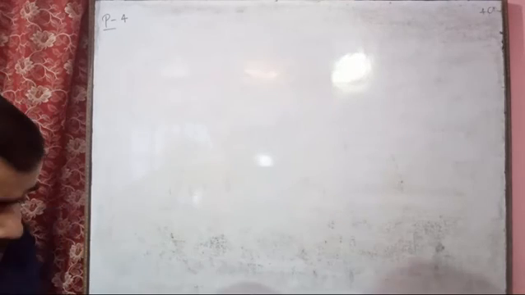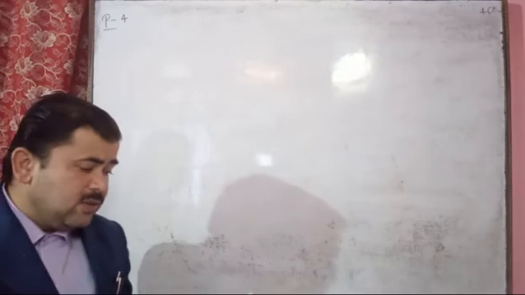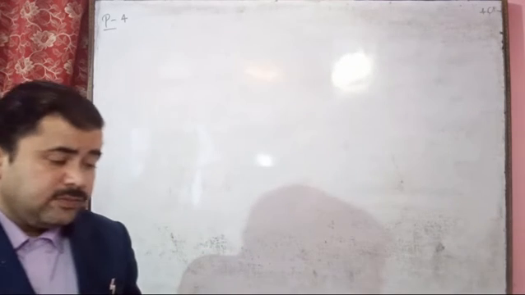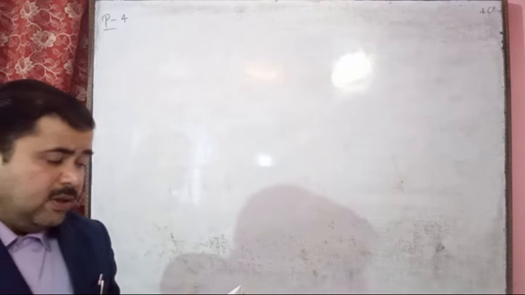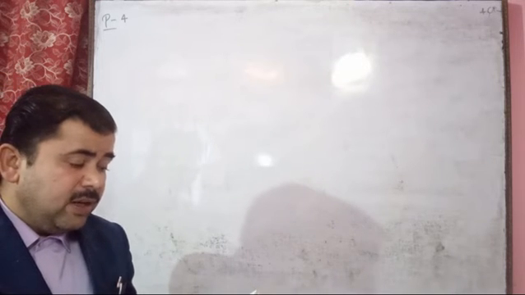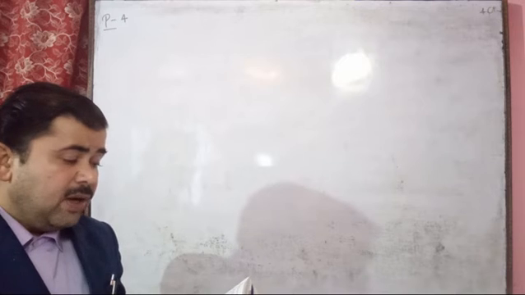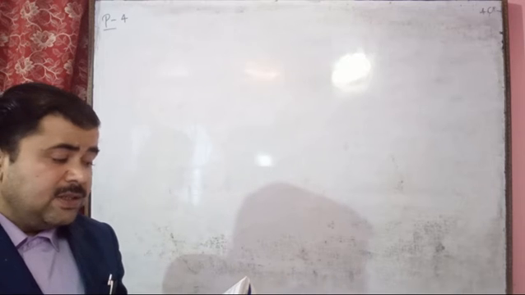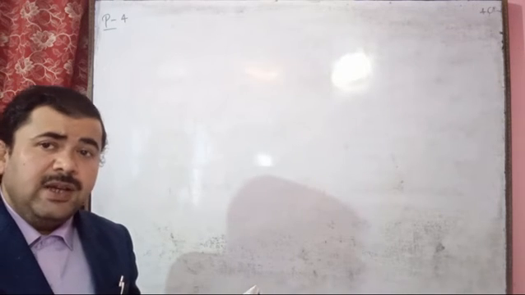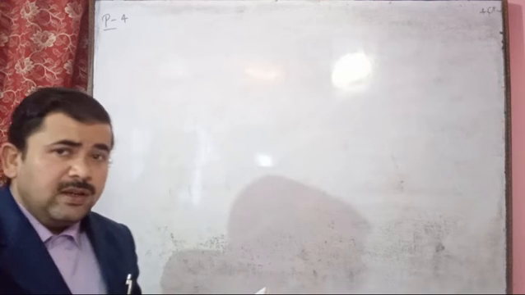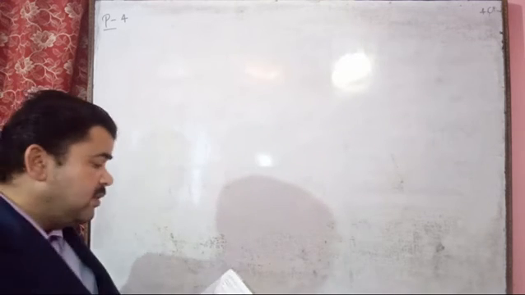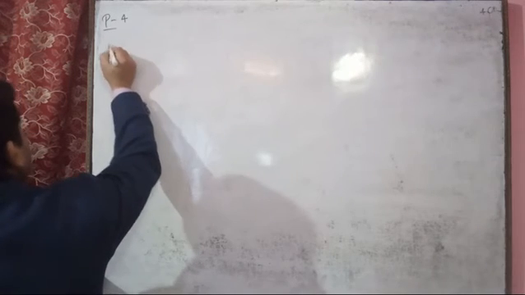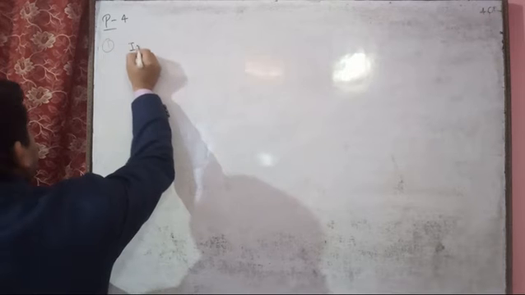First question: a gas occupies 700 ml at STP. Find the volume occupied by the gas when its pressure is 400 mm of Hg and its temperature is 15 degrees Celsius. So here at STP is the initial condition.